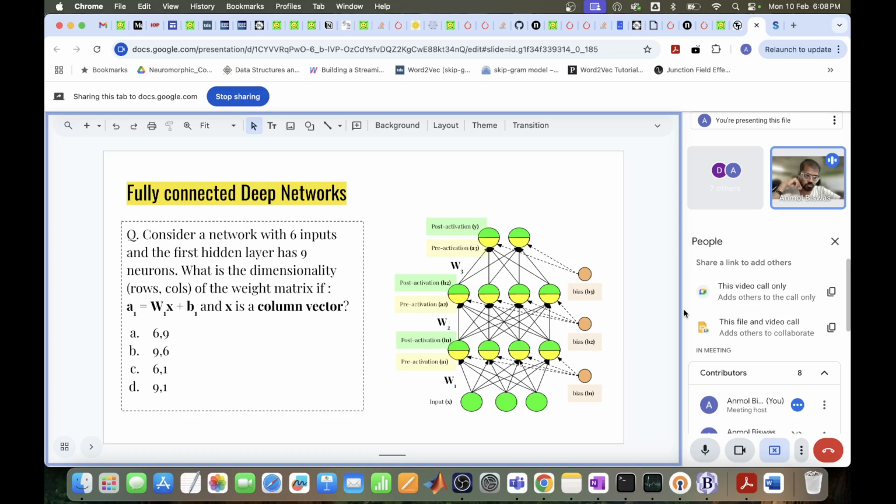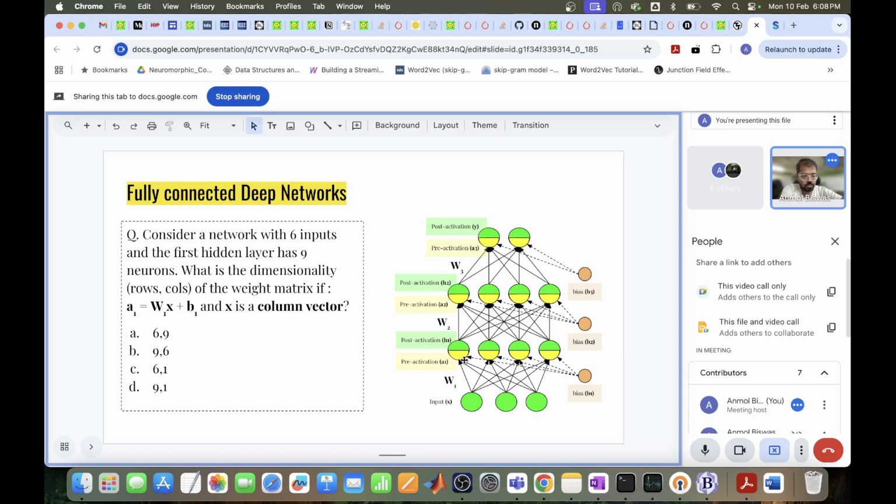So this is about dimension matching, and specifically it is about matrix multiplication and dimension matching. For matrix multiplication, A1, which is the pre-activation in the first hidden layer, can be written as W1x plus B1, right? Obviously.